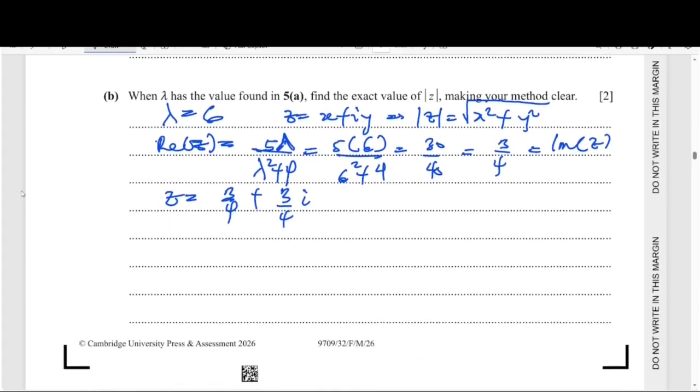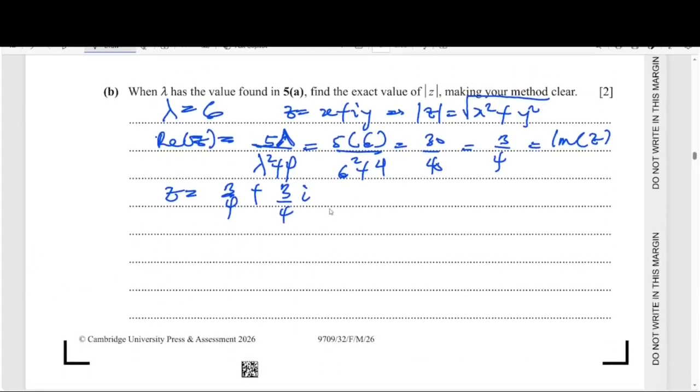Now it's easier to find the modulus. That means the modulus of z is equal to the square root of 3 over 4 all squared plus 3 over 4 all squared. Of course, you can write 2 times 3 over 4 all squared with the 2 outside.